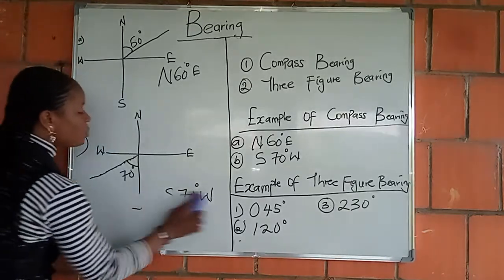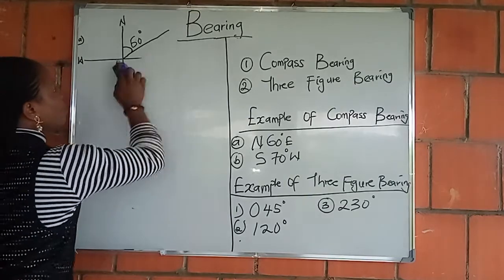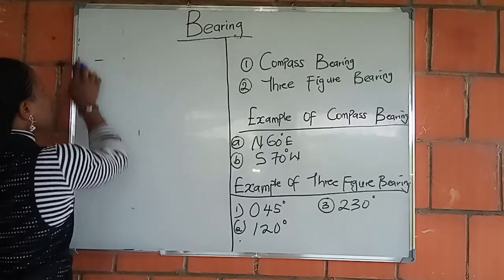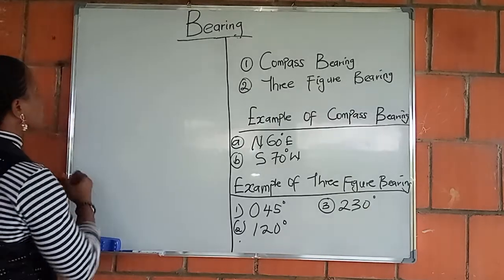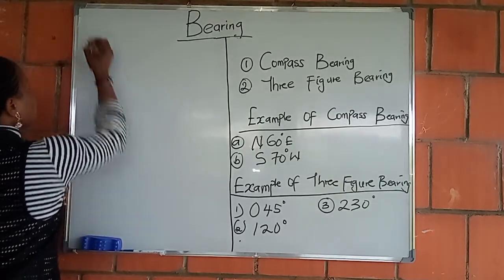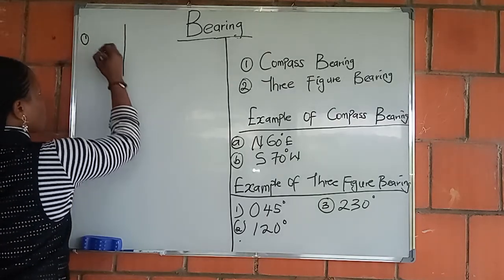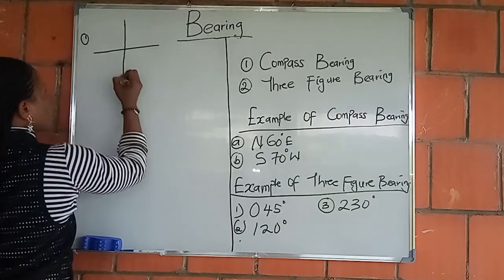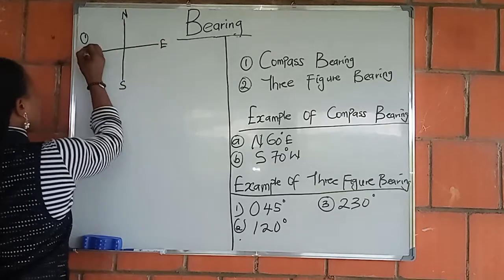Now let's see how we can represent this in this form. Because of space, I have to clean this. So let's see how we can represent this. The first one, if this is my north, this will be my south, east, and west.